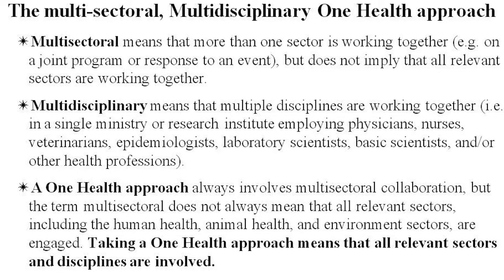For the surveillance of zoonotic diseases, a multi-sectoral, multidisciplinary One Health approach is very important. When we say multi-sectoral, different sectors are involved, but that does not necessarily mean people with different disciplines are involved. So we have to make sure it's multi-sectoral as well as multidisciplinary.